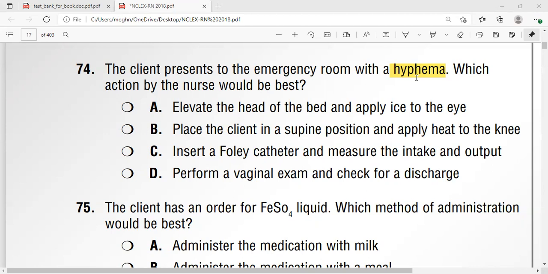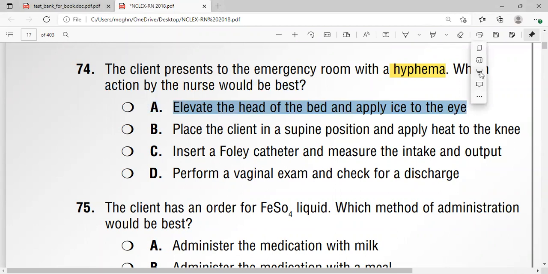The blood may cover part or all of the iris and pupil. Right? So first of all, let me tell you the correct answer. The correct answer is elevate the head of the bed and apply ice to the eye.